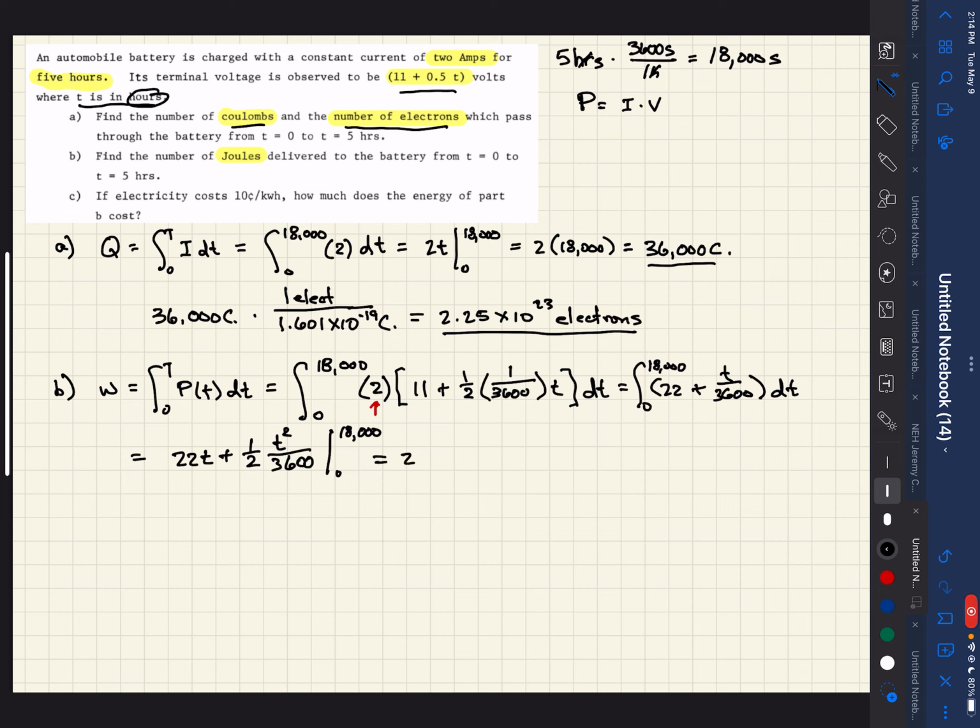So we'll have 22 times 18,000 plus 1/2 times 18,000 squared divided by 3600. And so when we plug all the numbers in the calculator and calculate that out, we come up with 441,000 joules.